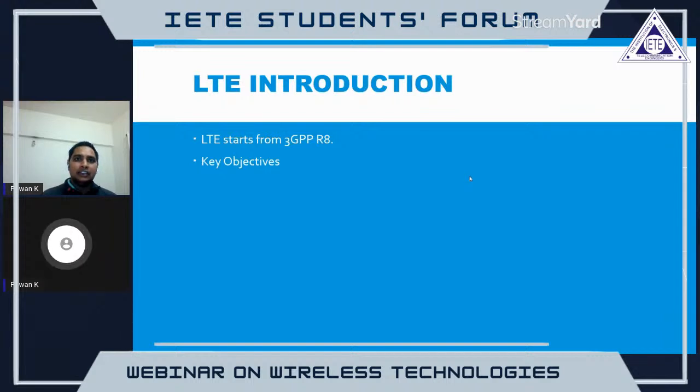Release 8 indicates the start of LTE. After that, releases 9, 10, up to 15 and 16 have come, and they were implemented by the chipset manufacturing companies as well. So the start of LTE is from release 8.